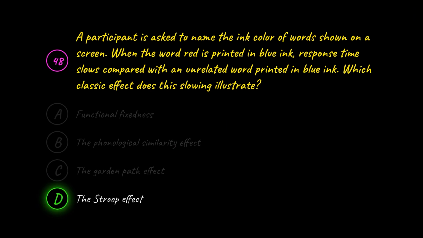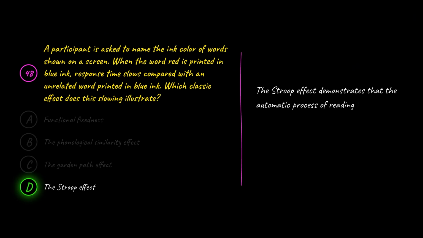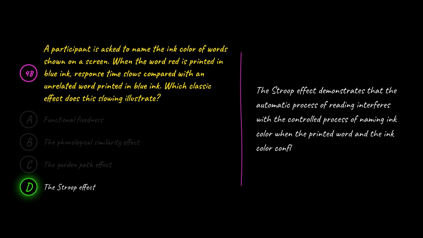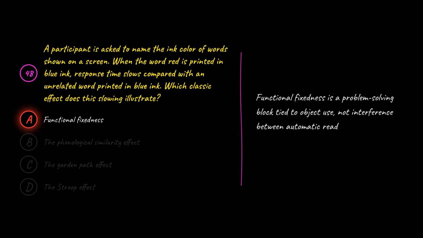The Stroop effect. D is correct because the Stroop effect demonstrates that the automatic process of reading interferes with the controlled process of naming ink color when the printed word and the ink color conflict. A is wrong because functional fixedness is a problem-solving block tied to object use, not interference between automatic reading and color naming.